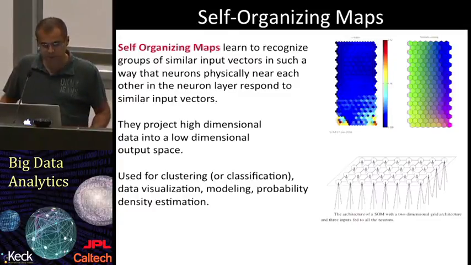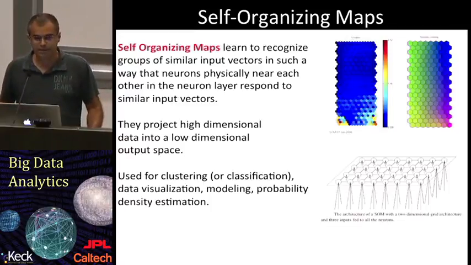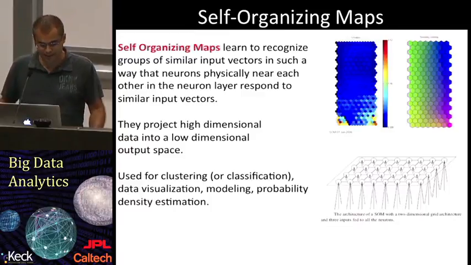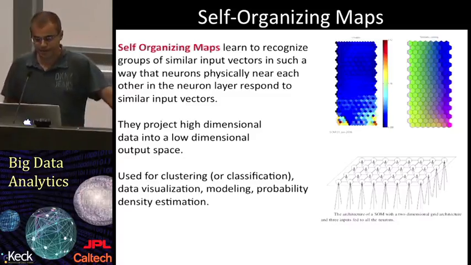Basically, they map all the points from a high-dimensional input space to a 2 or 3D target space, preserving as much as possible the distance and proximity relationships. Self-organizing maps are widely used in data analysis, especially for clustering, data visualization, model estimation, and probability density estimation.